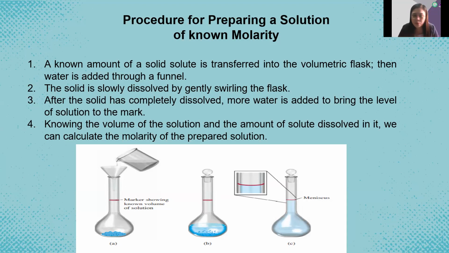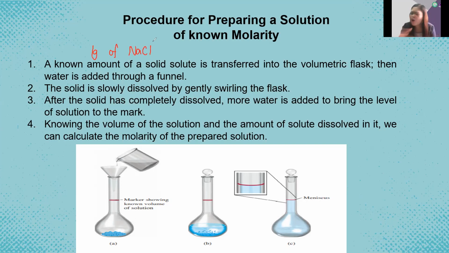So what is number one? The number one step is you have to have a certain amount of solid solute to be transferred into the volumetric flask. So example, you have here 1 gram of NaCl.